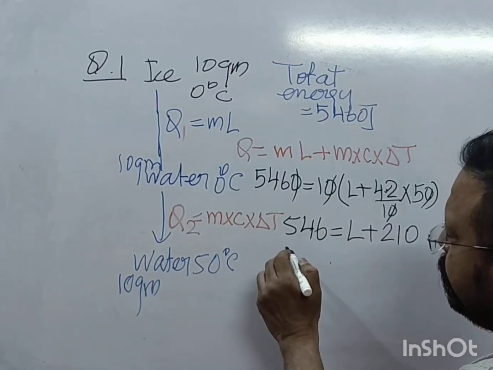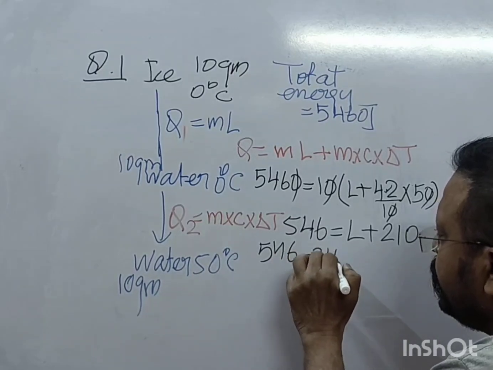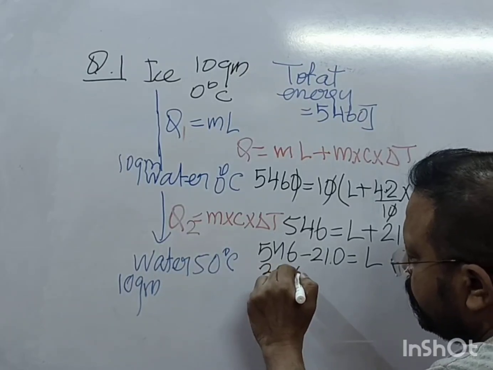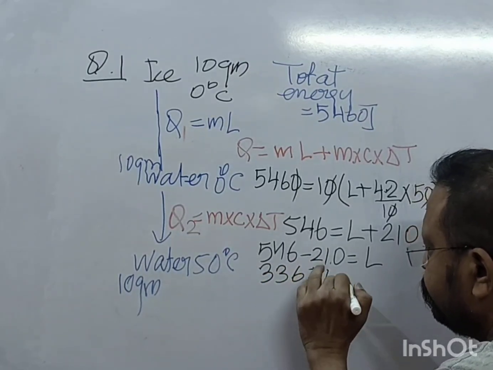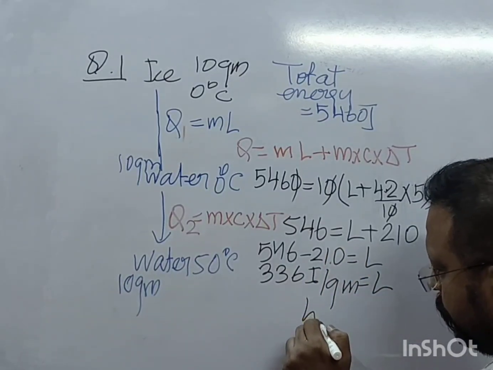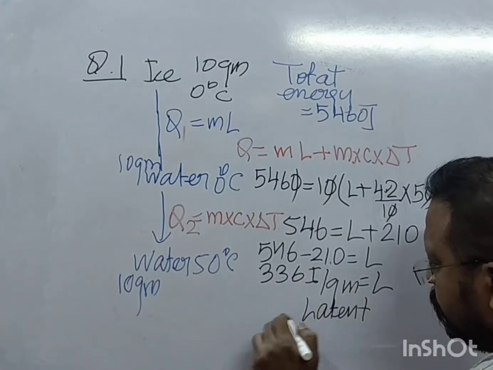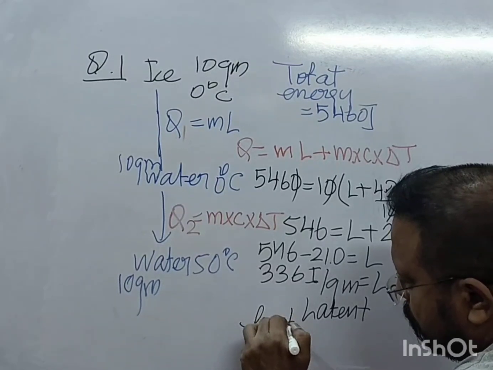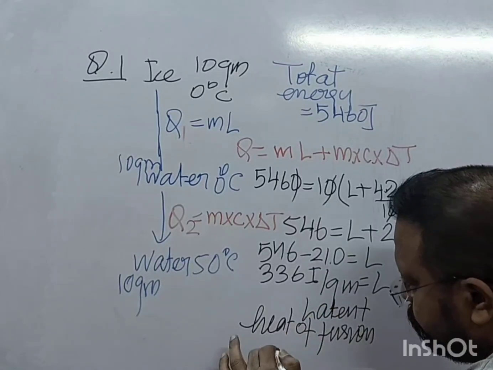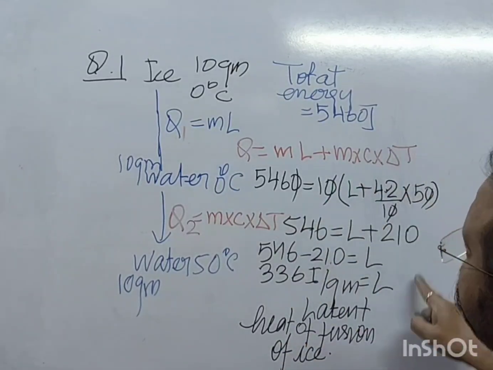So when you bring this here, 546 minus 210 is equal to L. So this is 336 joule per gram, the latent heat of fusion of ice. Right? This is how we get it.